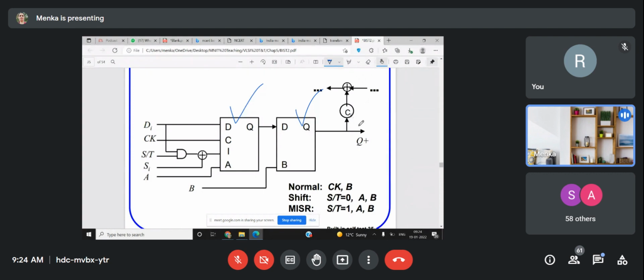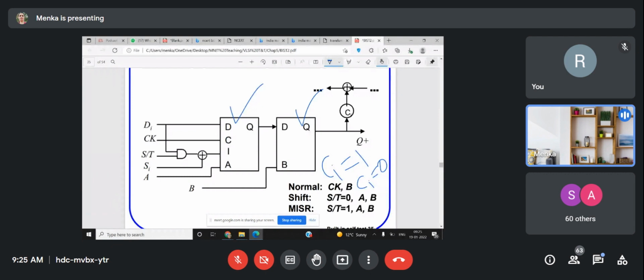So this is your CI. CI is nothing but the coefficient which we discussed in internal and external LFSR. The CI will depend on the number of bits. It can be 0 or 1. If the connection is there, we'll call that CI is 1. Otherwise, if the connection is not there, CI is equal to 0.